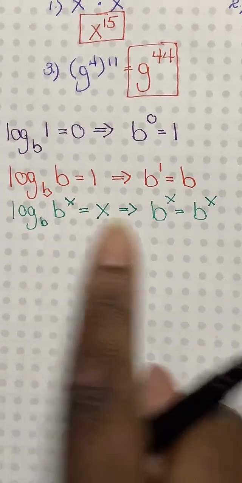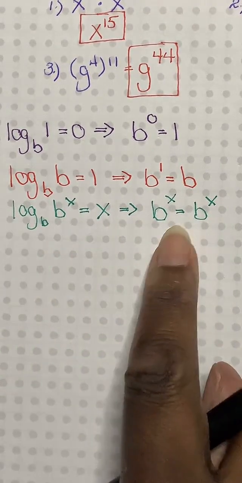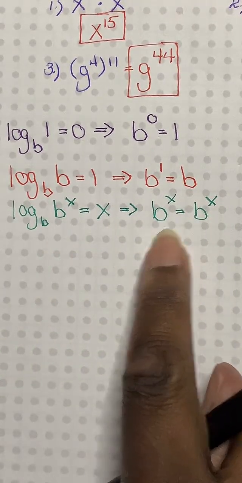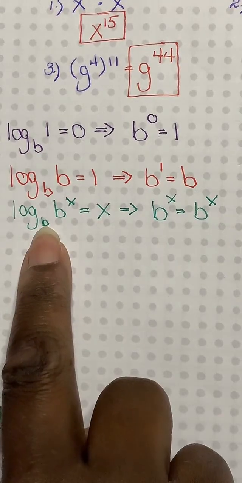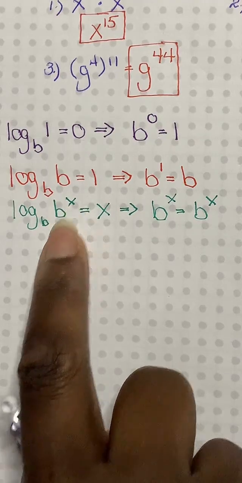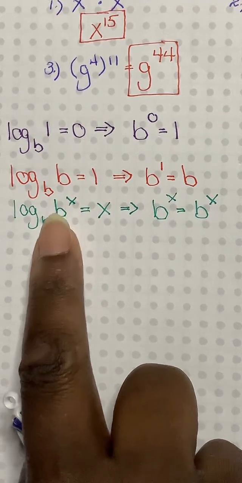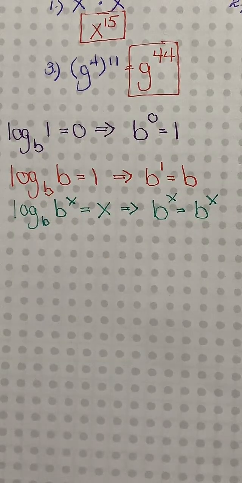So we're basically saying that if I change it from a log to an exponential, both sides are going to be exactly the same. So if you ever see a log with a base being the result of a base being raised to an exponent, if they have the same bases, cancel those bad boys out. Your answer is going to be whatever the exponent is.